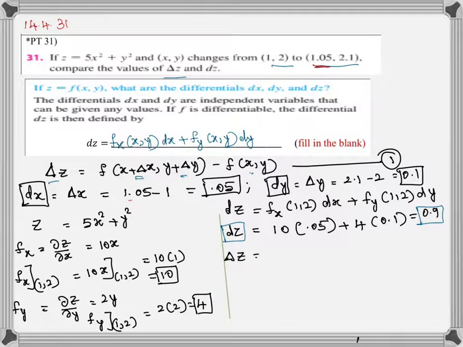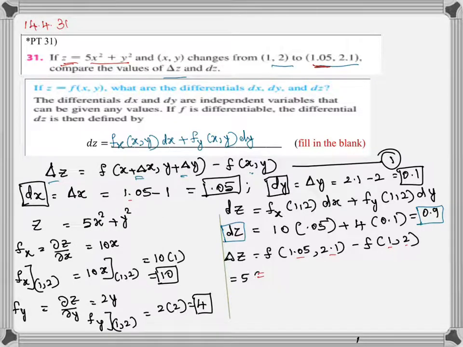So delta z is f at the new values, (1.05, 2.1), minus f at the original values, f at (1, 2). f is given in the problem as 5x squared plus y squared. So substitute x equals 1.05 and y equals 2.1 for the first, and for the second, plug in x equals 1 and y equals 2, and then get the difference.